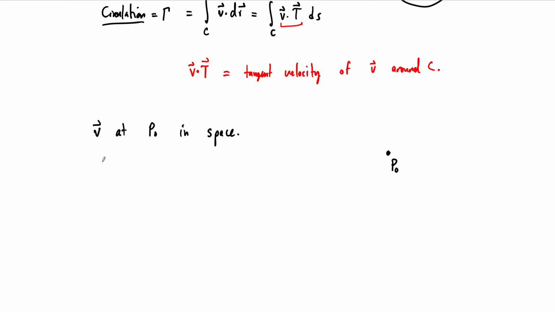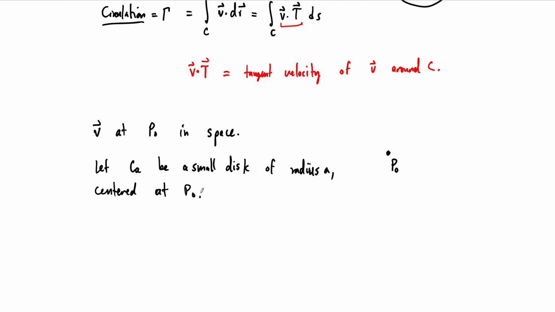So let C sub A be a small disk, of radius A, centered at P naught. You draw it big enough so you can see it, but in your mind, A is very small.